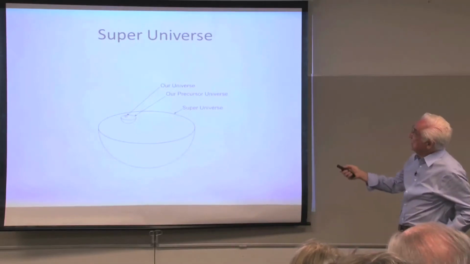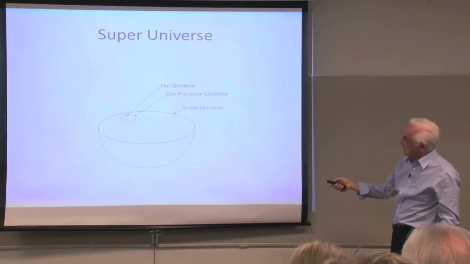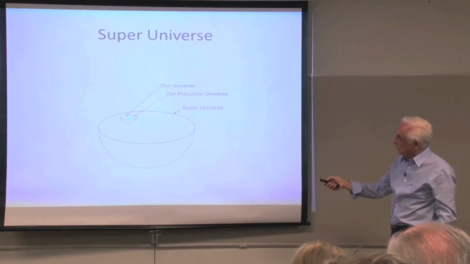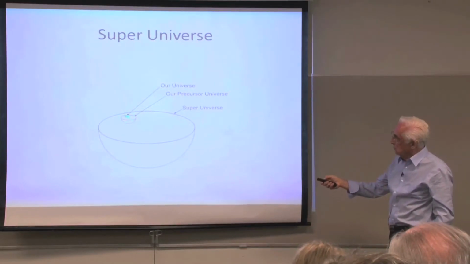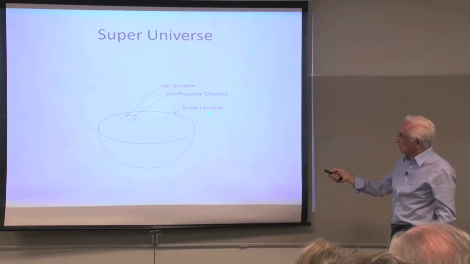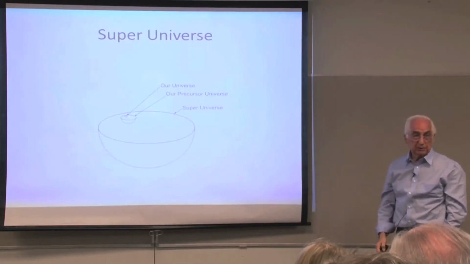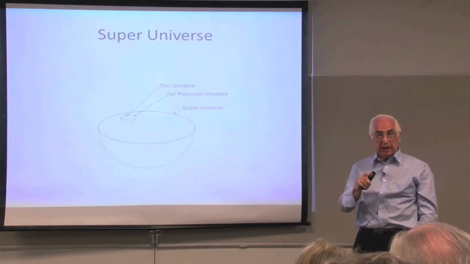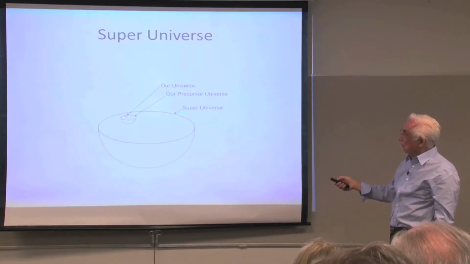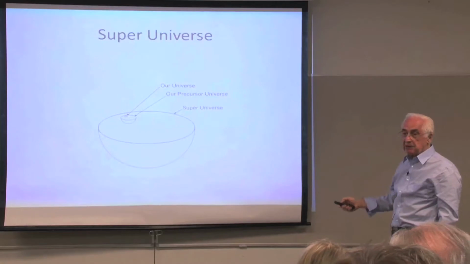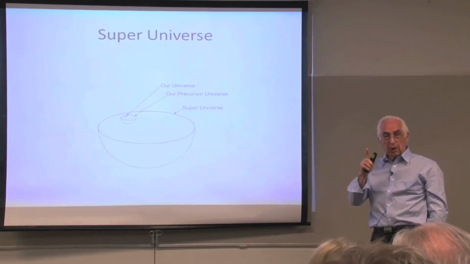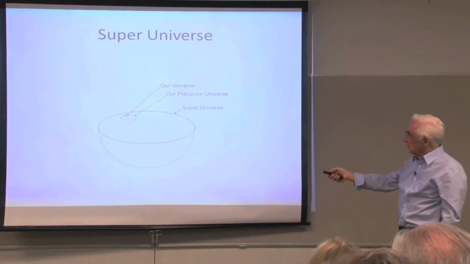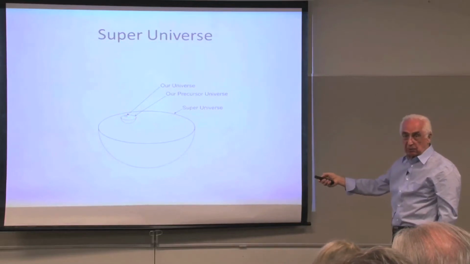Now, this is a figure of the superuniverse. Here is our universe, and our universe is nested within a precursor universe, and both of those are nested within the superuniverse. The figure is not to scale because, as I said before, the superuniverse contains over a googol of parallel universes the size of our universe.